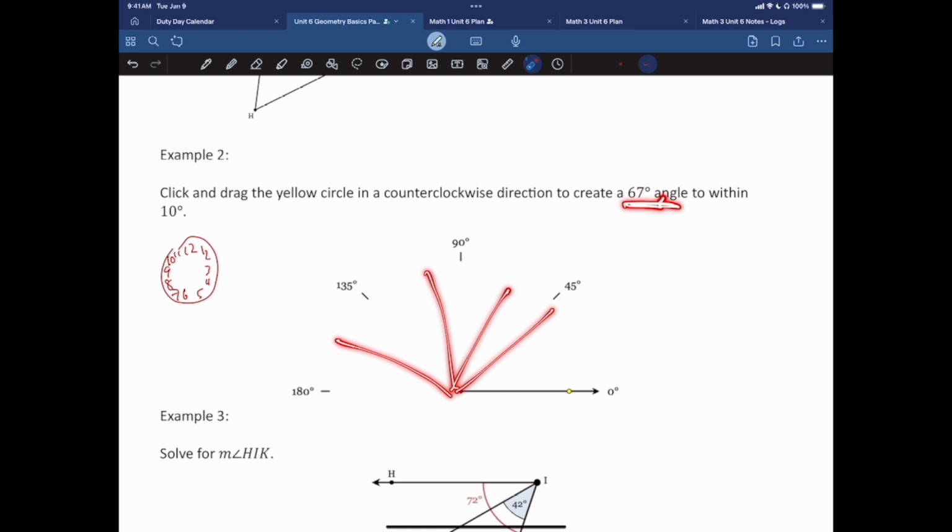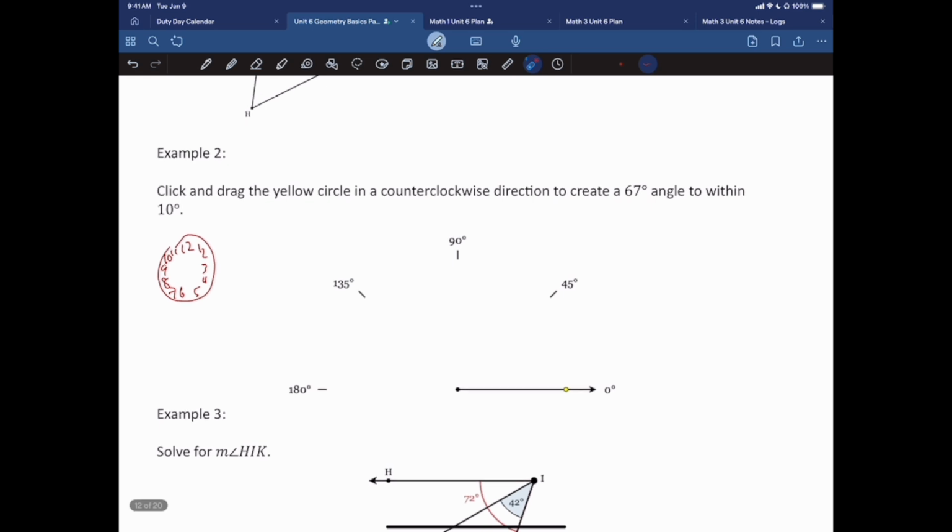Well, 67 is going to be somewhere between 90 and 45. If I go between 45 and 90, about a third of the way is going to be 60 and about another third of the way is going to be 75. So 67 is somewhere in between 60 and 75.